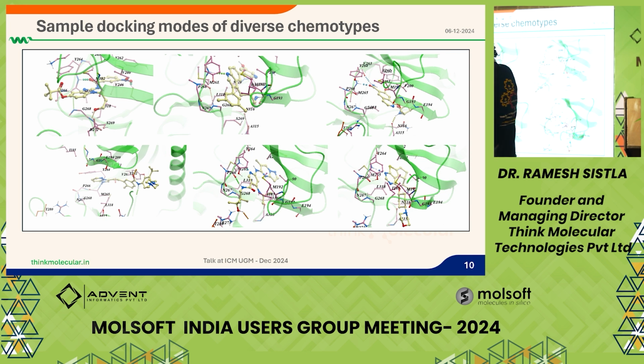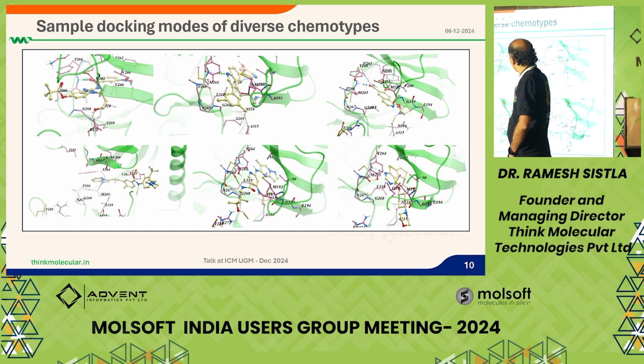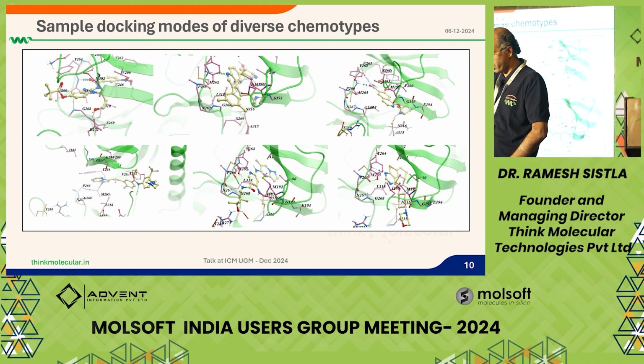You see the leftmost, with the amide as the hinge binder. The middle one has a quinoline as the hinge binder. The top right is the Pfizer chemotype, which has a primary amide as the hinge binder.